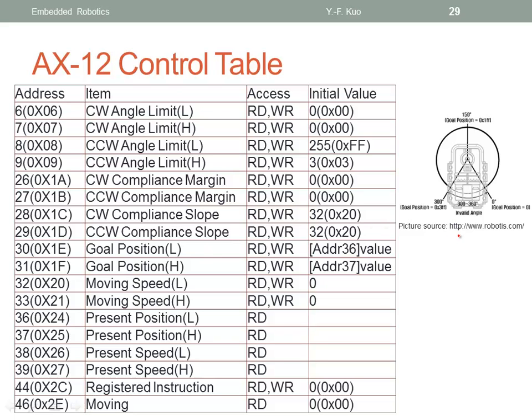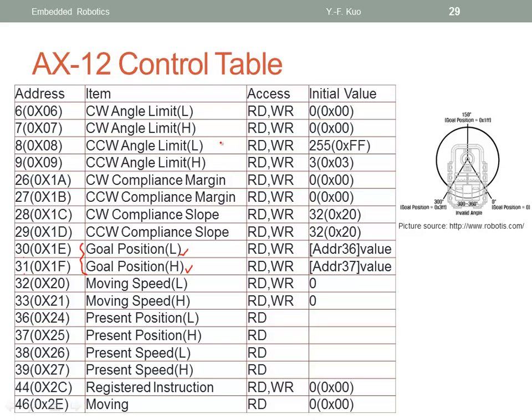So how do we control the AX12? Basically, we change the values in this table. For example, if we want to move the motor shaft to a specific position, we change the value in go position, the low byte and high byte. So in that case, we need to know where this go position is. They are at address 30, that's the low byte address, and address 31, that's the high byte address. Okay, so with this table, you can control the actuator itself.